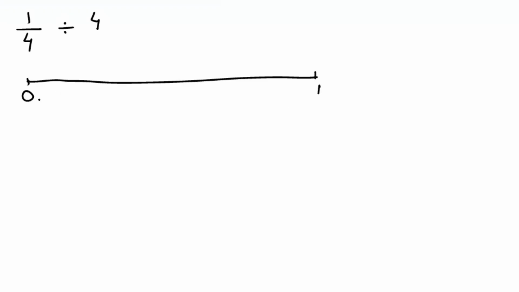Then we have to split this number line into 4, because 1/4 here means we have to divide into 4 equal parts. 1, 2, 3, 4. So this will be 1/4, 2/4, 3/4. It will be the 1.